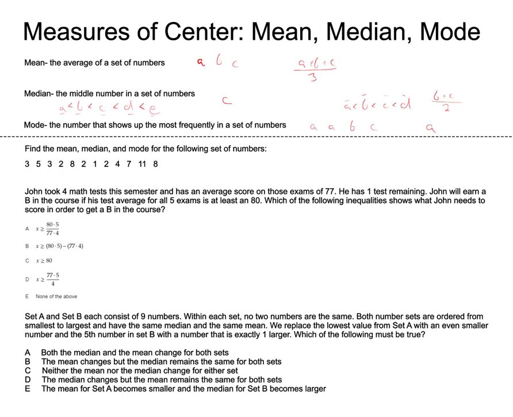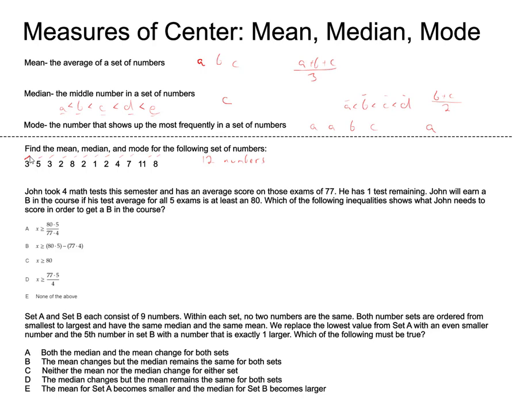For our first practice problem, we're going to find the mean, median, and mode for the following set of numbers. Let's start by counting the total number of numbers in the set. So we have 1, 2, 3, 4, 5, 6, 7, 8, 9, 10, 11, 12 numbers. Now let's add up all the numbers.